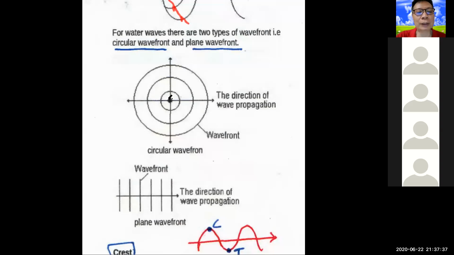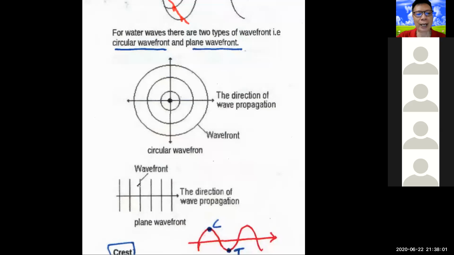To disturb the water, use your finger. When you dip your finger into the water, you get circular shape. So remember now, to produce circular shape, you dip, D-I-P, your finger into the water.